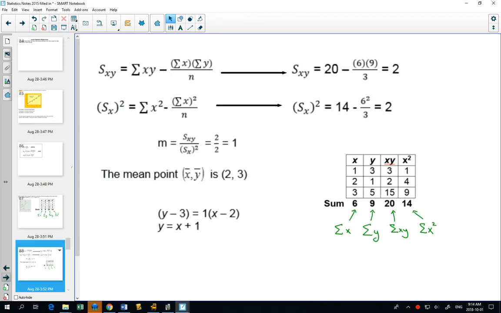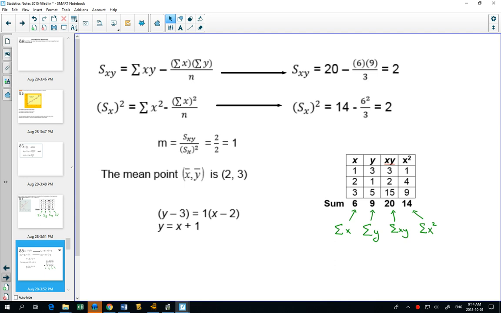If we plug these things into our formula, the sum of our x, y values, which was 20, and I've got the values here again, minus the sum of the x times the sum of y divided by how many points you have, we get a slope of 1.